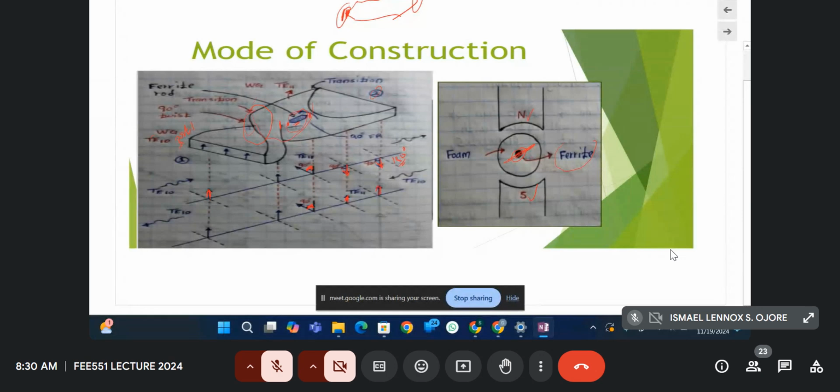We find a twist here now. Here is our twist again. In this case, the direction of wave propagation is opposite to the forward, and therefore it will counter the effect of this 90 degrees rotation at the ferrite.